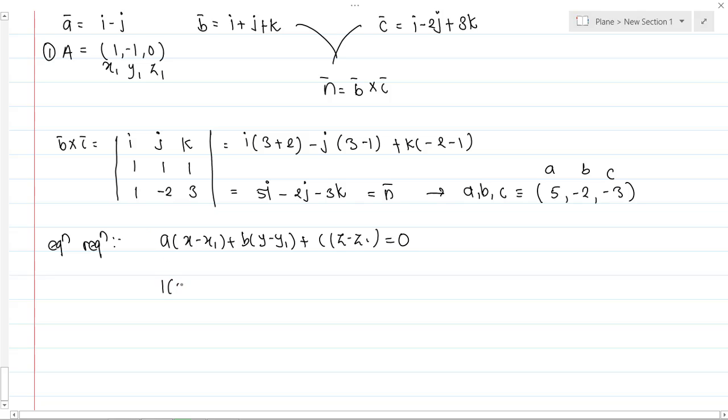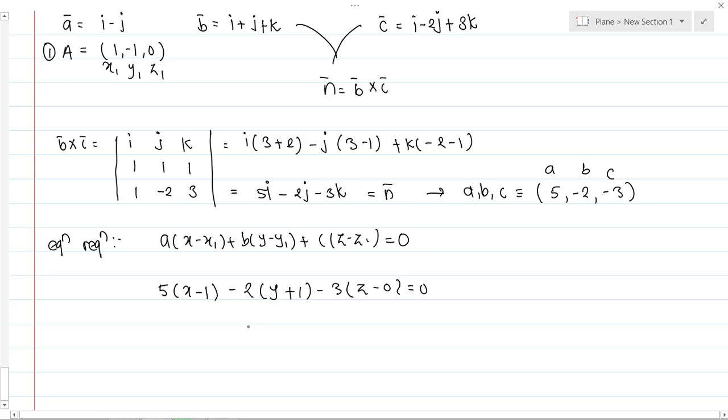Okay, a is 5, x minus x1 is x minus 1, plus b is minus 2 and y minus y1 is y plus 1, and c is minus 3 and it is z minus 0. It equals 0.